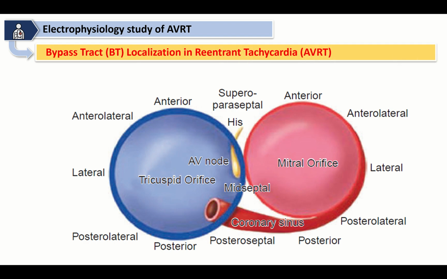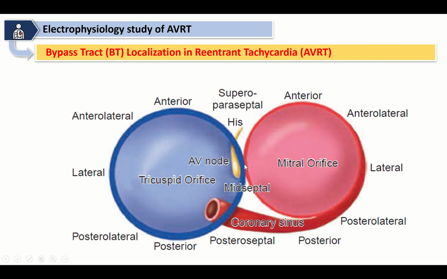Where is the accessory pathway? When we want to classify the accessory pathway, AVRT, we should know where the accessory pathway is, and you have to imagine the AV annulus, the blue one the tricuspid annulus, the red one the mitral annulus, and this is the coronary sinus in the posterior region.